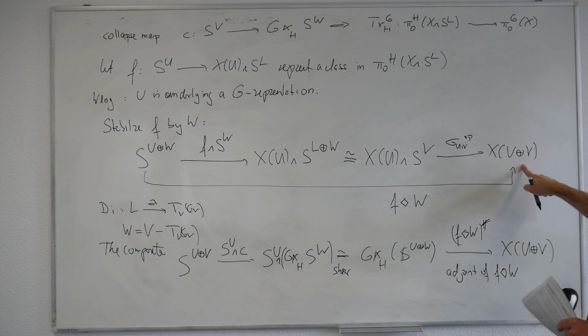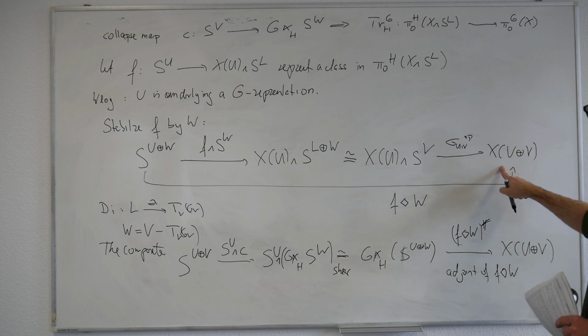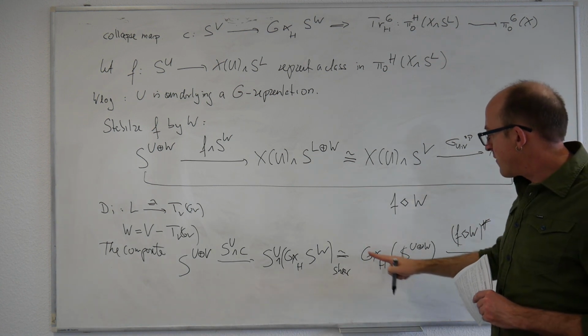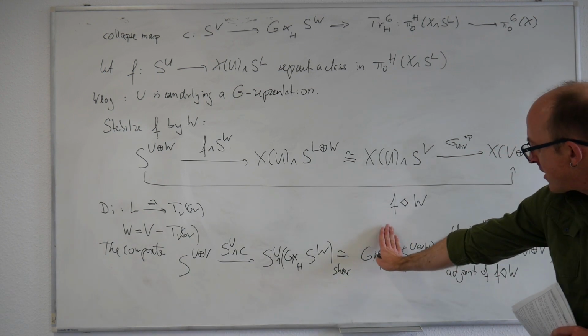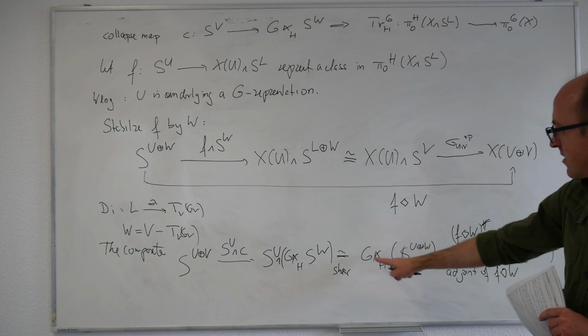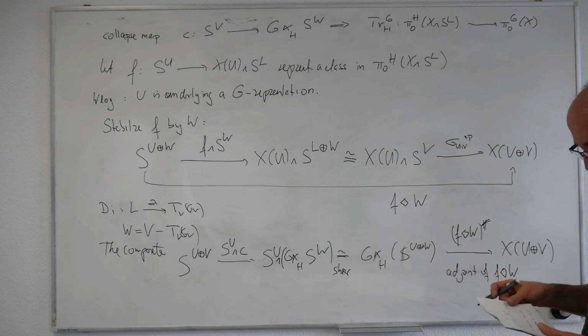But the target comes to us with a G action because V was a G representation and U we'd assumed to be a G representation. And this functor is the based version of extension of scalars from H to G. So an H equivariant map from here gives by adjoint a G equivariant map from here.